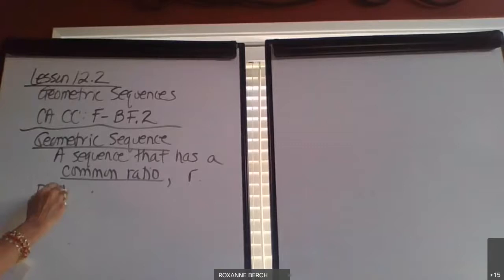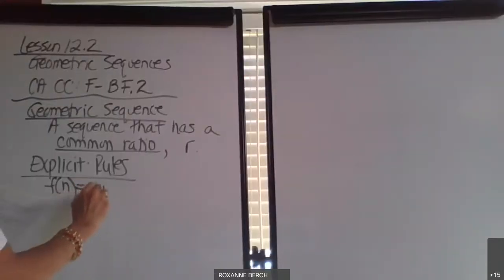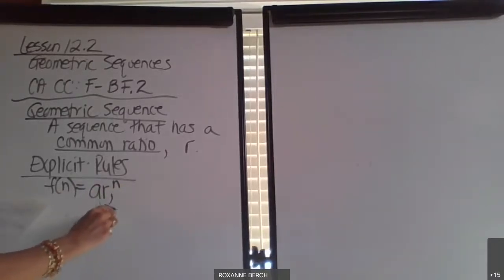Rules. f of n is equal to a times r to the n, where n is greater than or equal to 0. The starting position is 0.